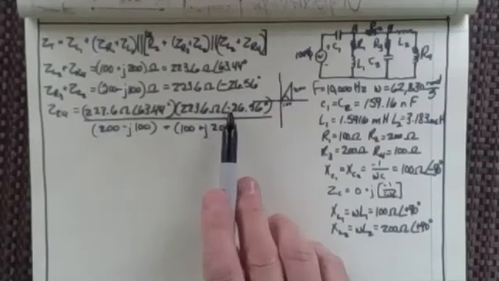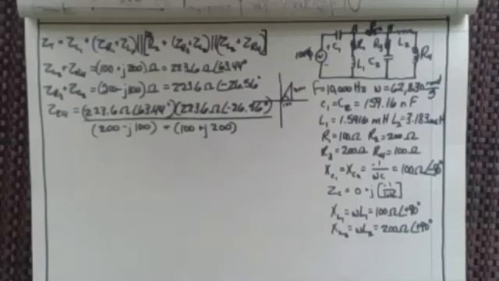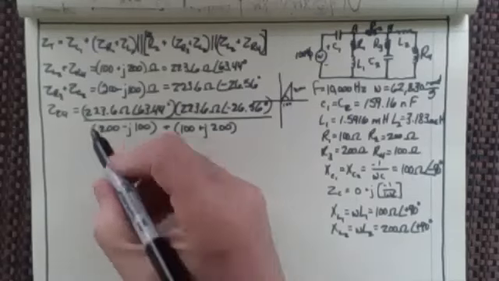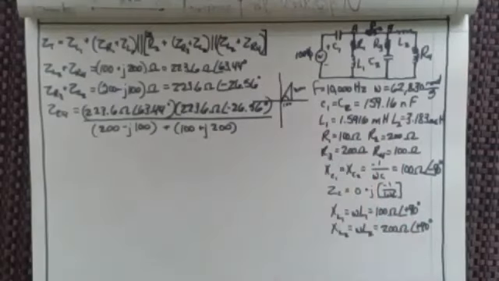I've used the phasor up top to do that, and I've used these on the bottom. I could have done it either way. I could have used phasors all the way across and them on the bottom. And in fact, I might even show you how to do that in the next step that we have.